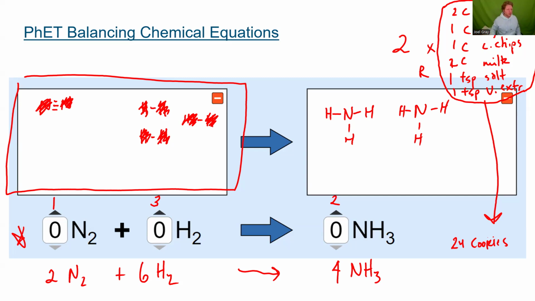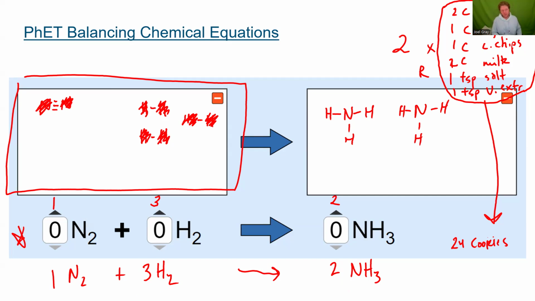Great. Now, can these numbers, 2, 6, and 4, can they be reduced at all? Yeah, I could reduce that to 1, 3, and 2. Does everyone agree with that? Now, my follow-up to that is, can I reduce 1 and still have a whole number?